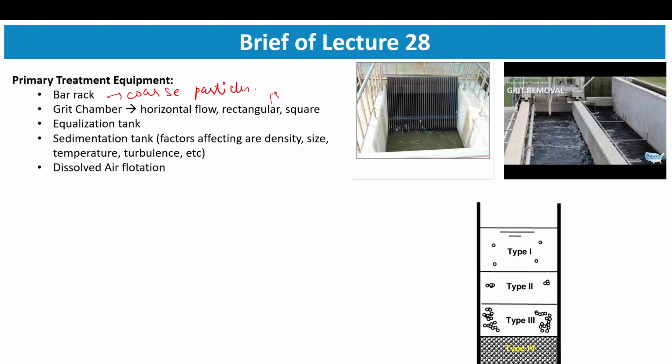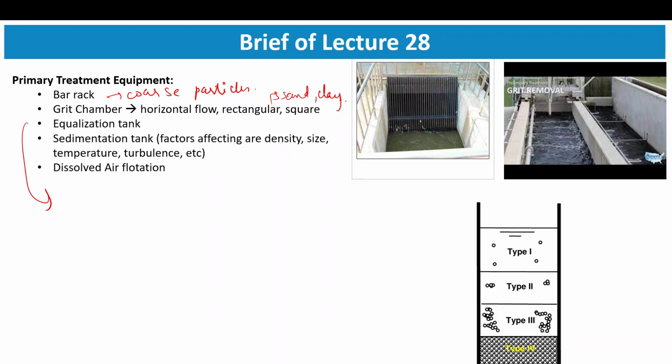Grit can be in the form of sand, clay, etc. So if they are present, then you provide a long and narrow water flow channel where water flows slowly and some amount of these particles settle. Now further, this water passes through to the equalization tank.